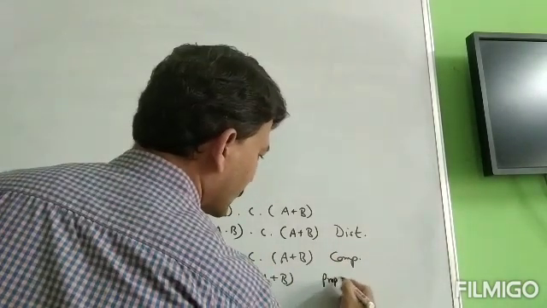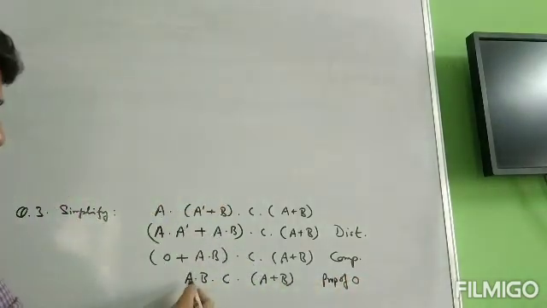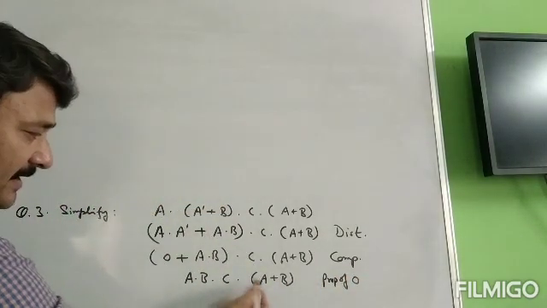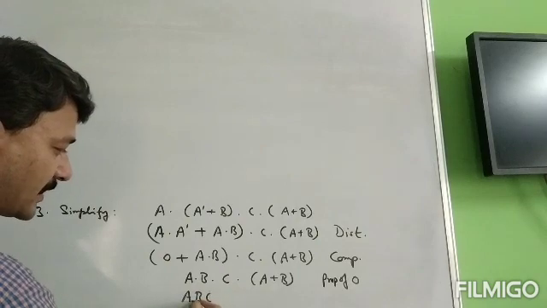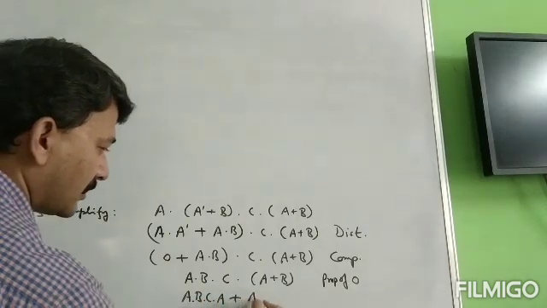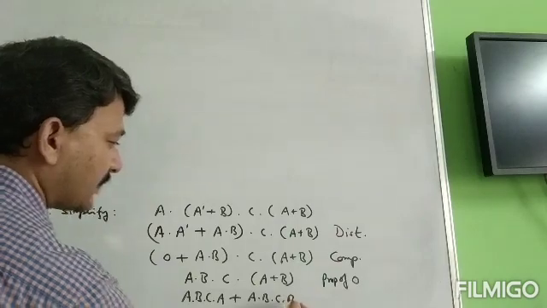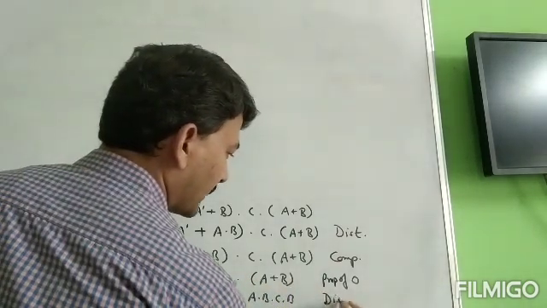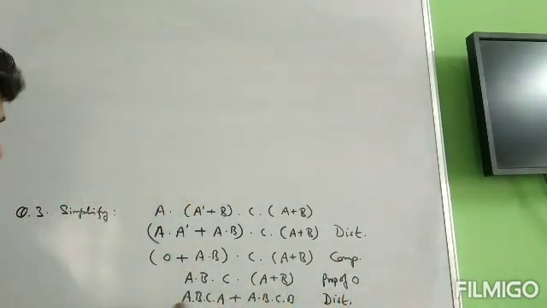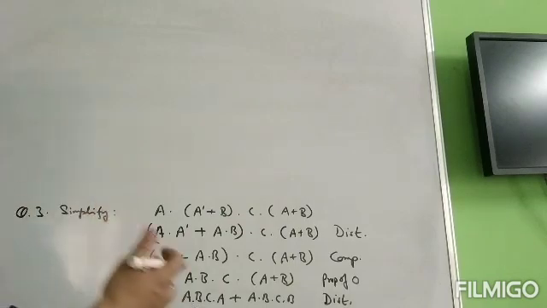This is property of 0. And a and b and c and a. So it's going to be a and b and c and a, or a and b and c and b. So this again we apply distributive, and in one term a and a, idempotent law.